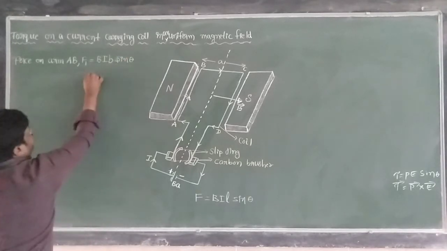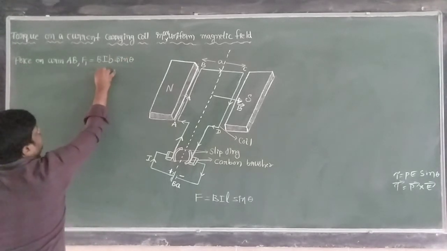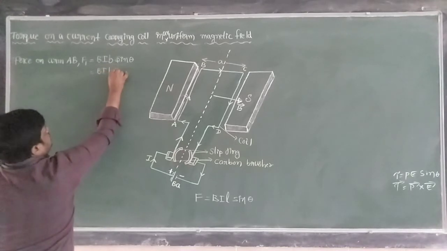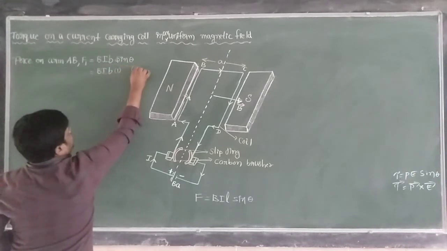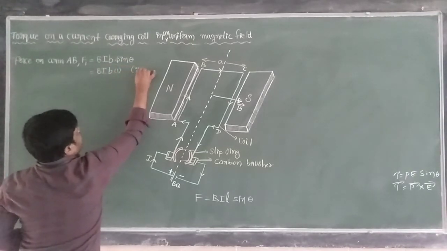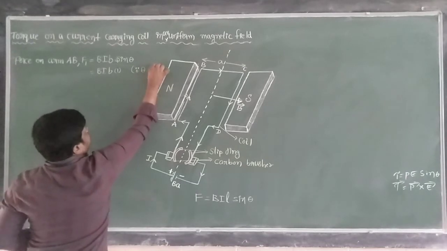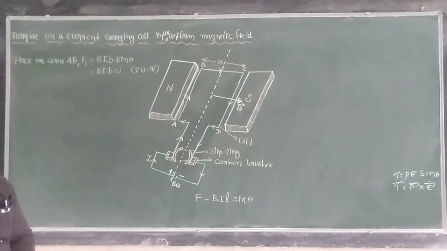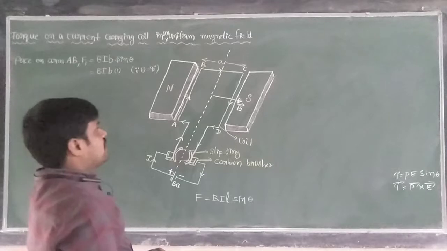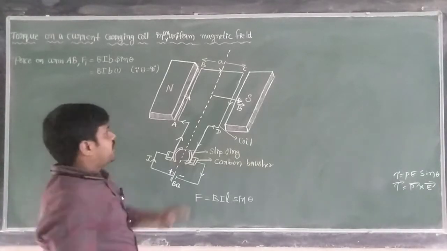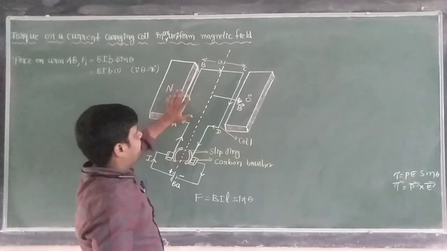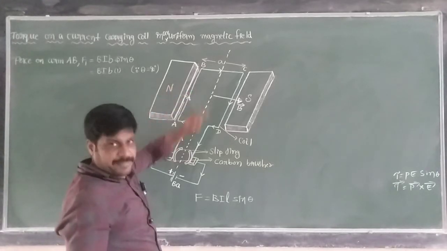Now here BIb into sin theta, the value of sin theta is 1. Why is it 1? Because theta is equal to 90 degrees. The angle between the current and magnetic field, both are perpendicular.